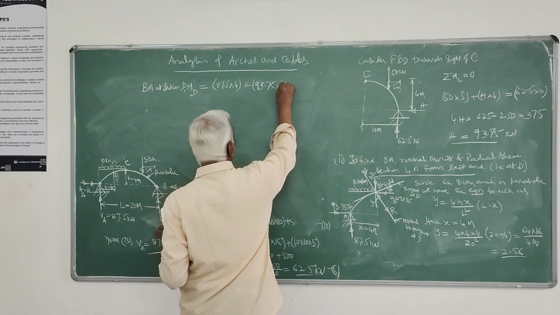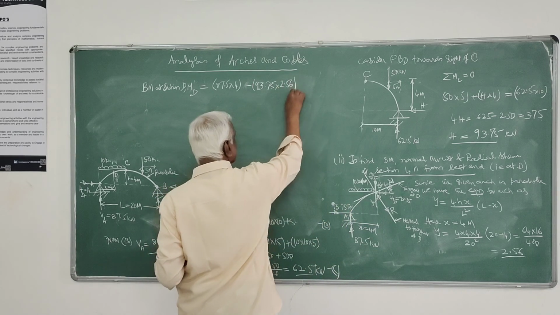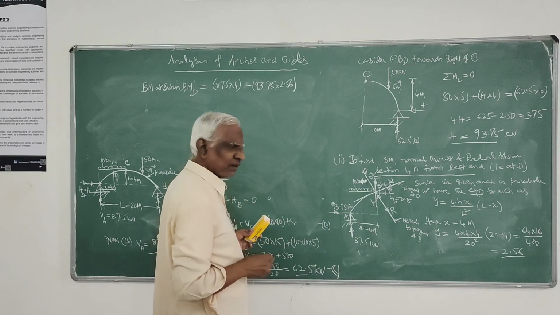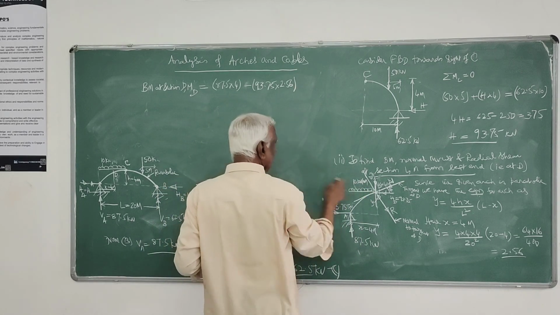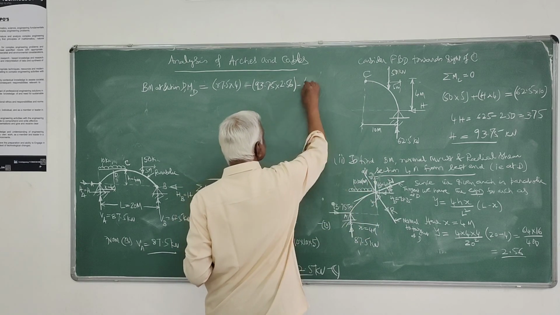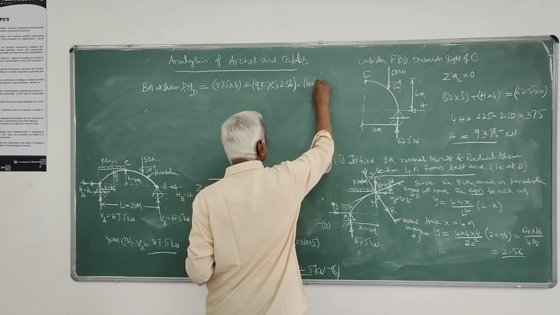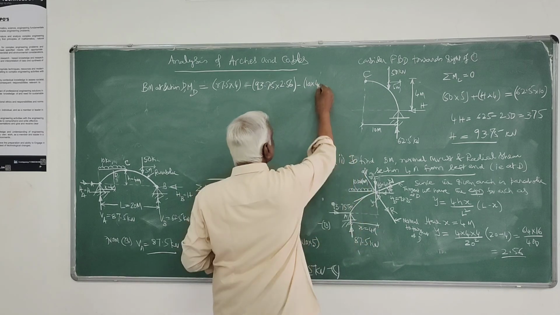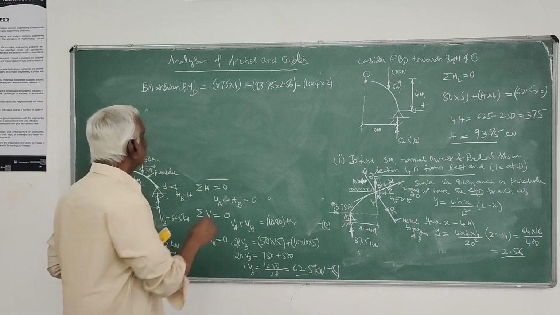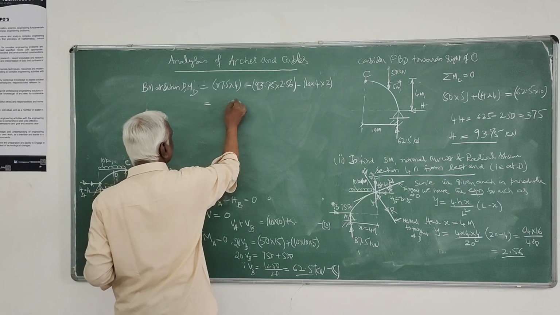Then this load is there, due to that load, that is also in the anti-clockwise direction, that is minus 10 into 4 into 2. That's the moment due to the load. This you can simplify.